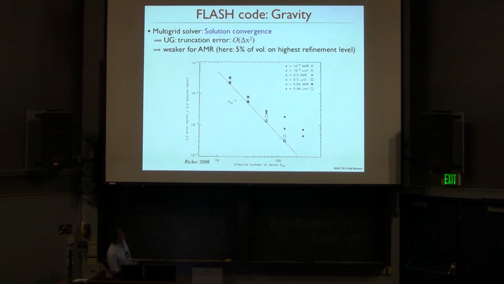But in this particular example, I think the volume of the finest refinement area is only 5%. So this is a fairly small area compared to the rest of the simulation box. That, of course, can also be improved if you like, by choosing a more rigid refinement criterion, for instance.